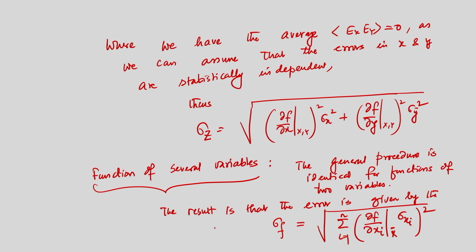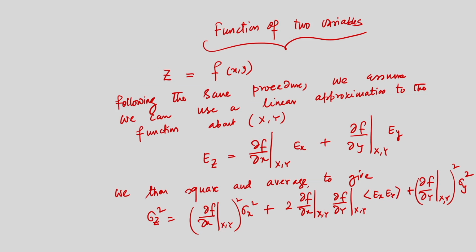So, what we have discussed is that if we have a single variable function, then we have discussed error propagation, what we mean by that, and we need to know that.